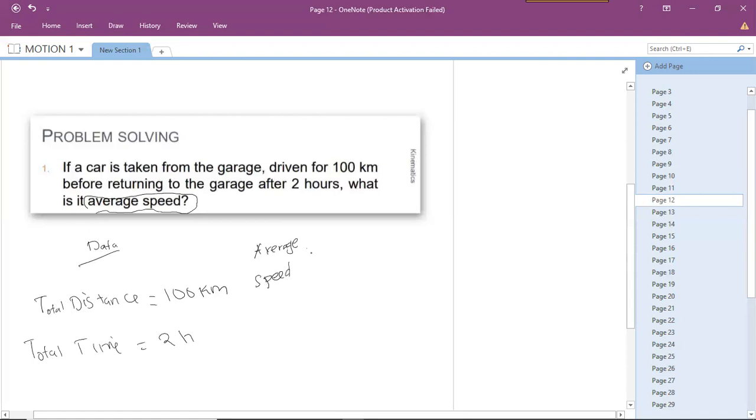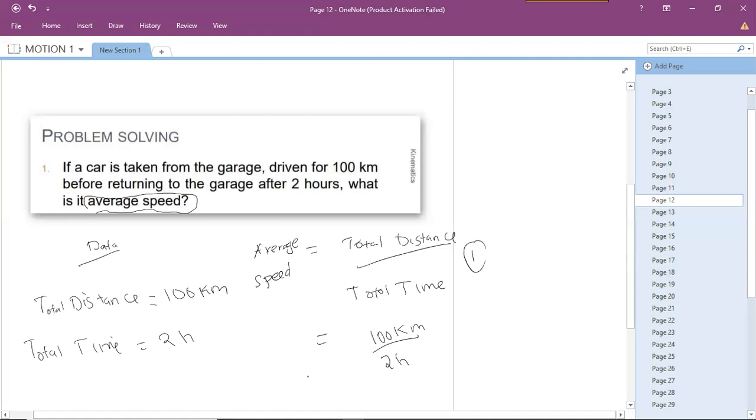Average speed is total distance over total time. You get a mark. Then you substitute from the data: total distance is 100 kilometers, and the total time is 2 hours.